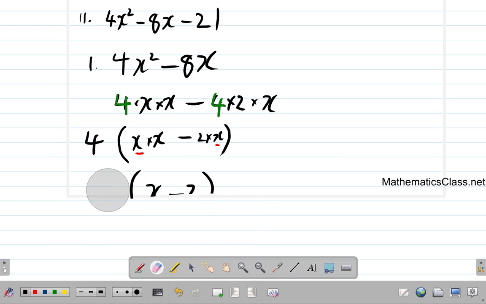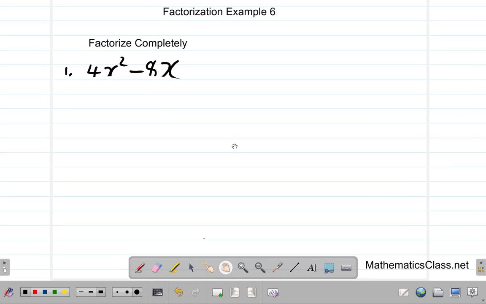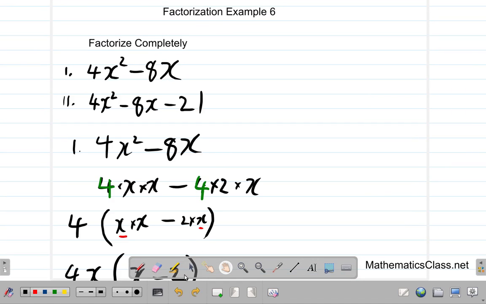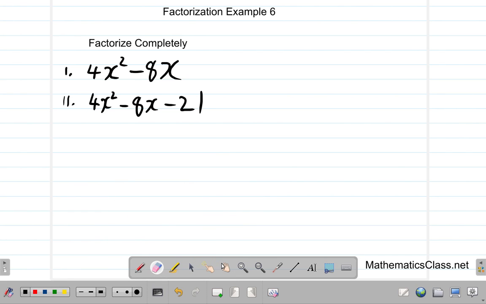Now, let's look at the other part of the question and see how we deal with that. Oh no, I erased my question with everything else. Let's just erase these. Alright, part 2 of the question now. We have 4x squared minus 8x minus 21. Now we use the AC method.